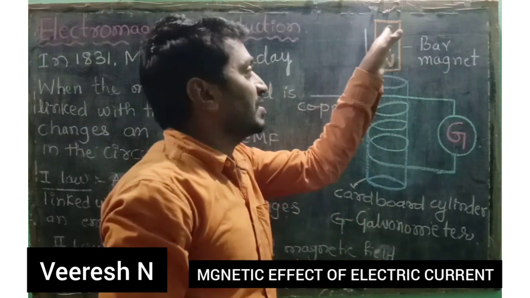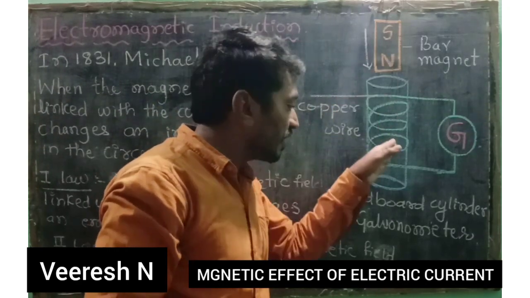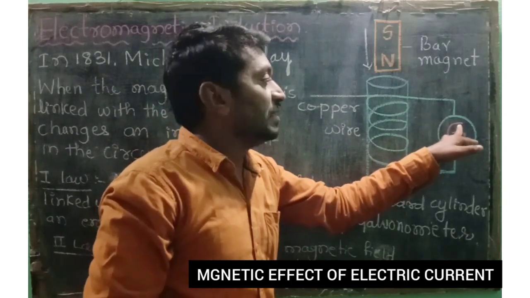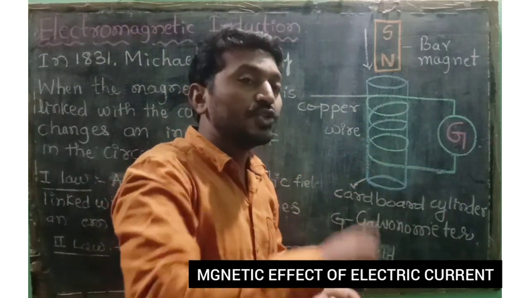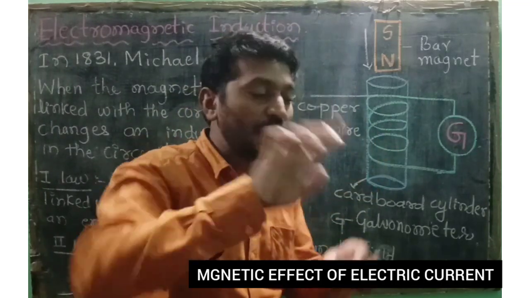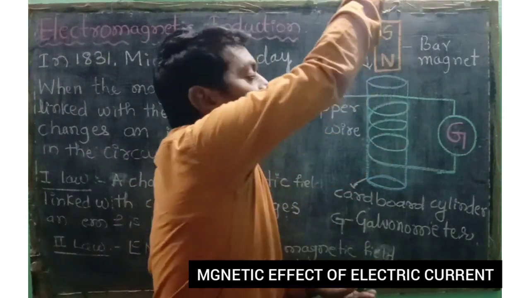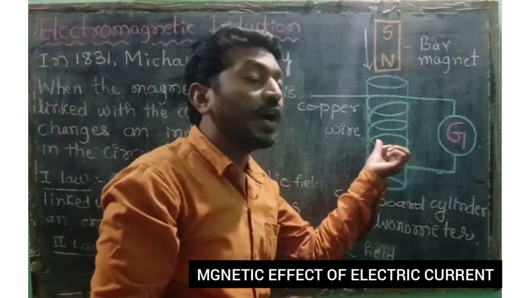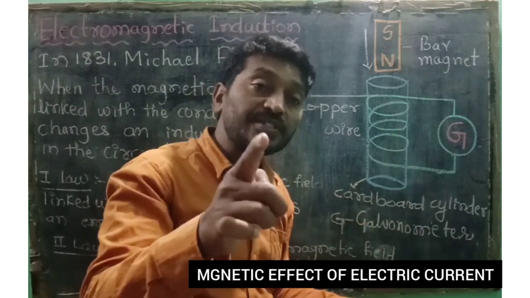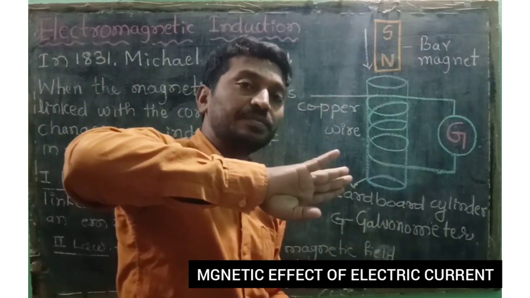When he thrust the magnet inside the coil, the needle in the galvanometer showed a deflection from left to right. Again he pulled the magnet out of the coil, and the galvanometer showed a deflection in the opposite direction, from right to left.